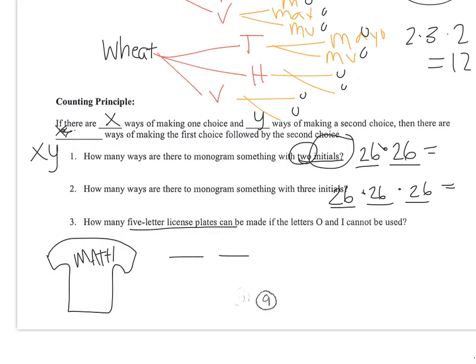So we make 5 choices, if the letters O and I cannot be used. If you can't use O and I, it means there's only 24 letters left. So you do 24 times 24 times 24 times 24 times 24.